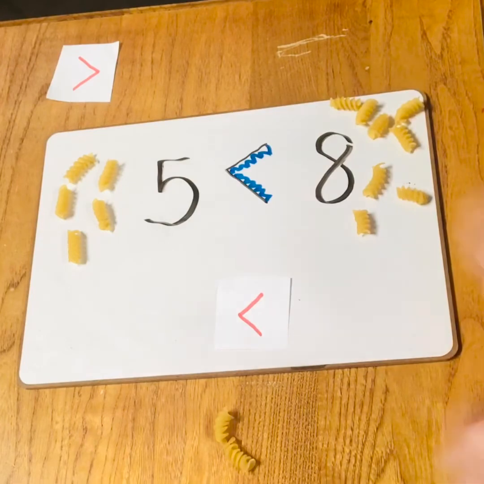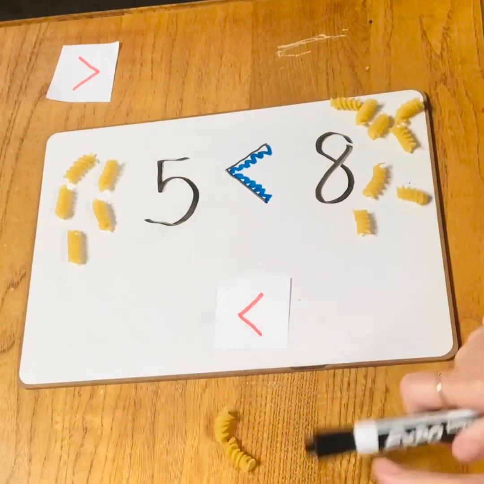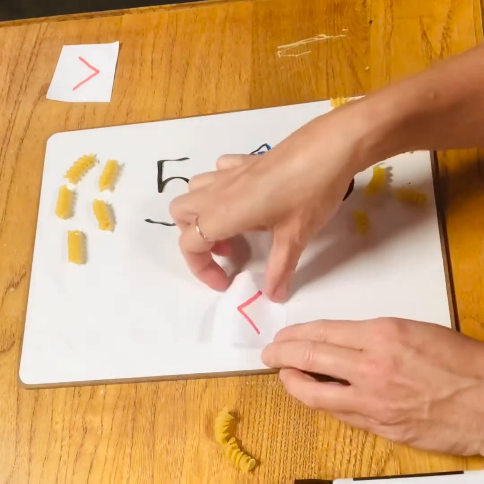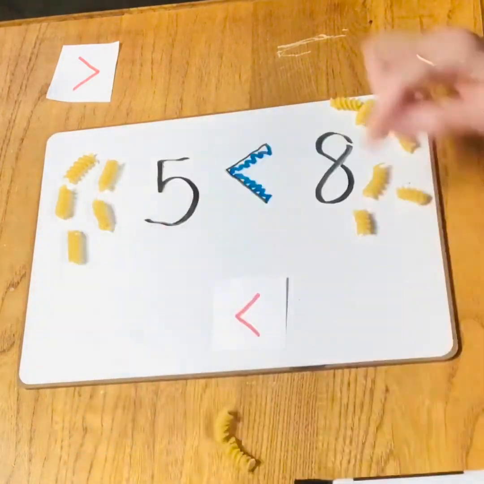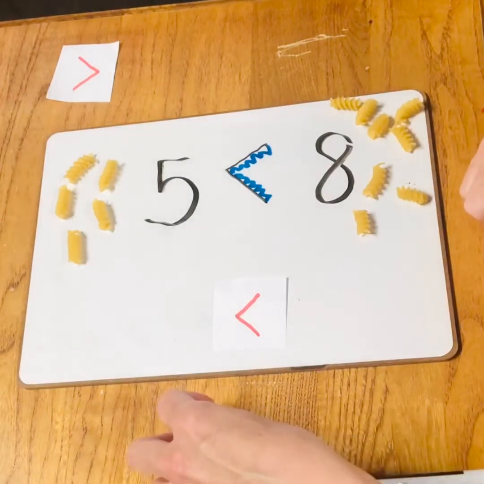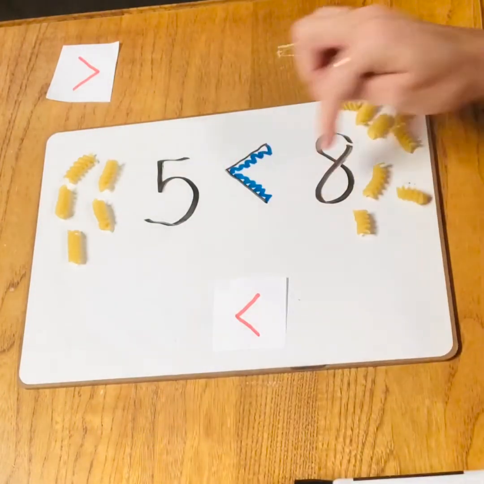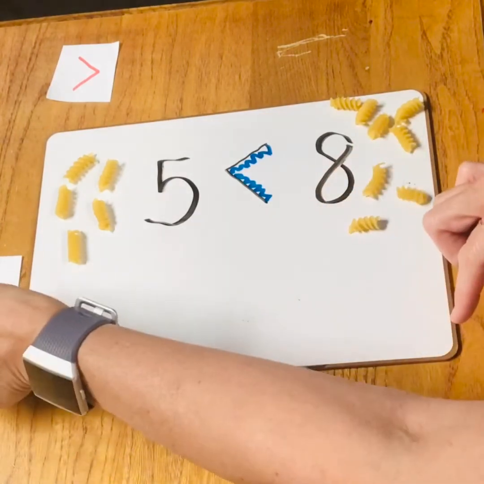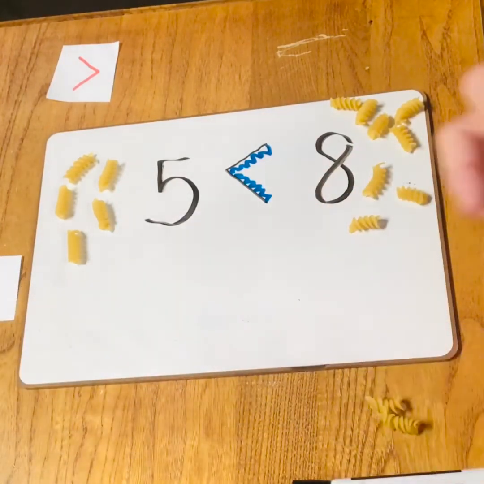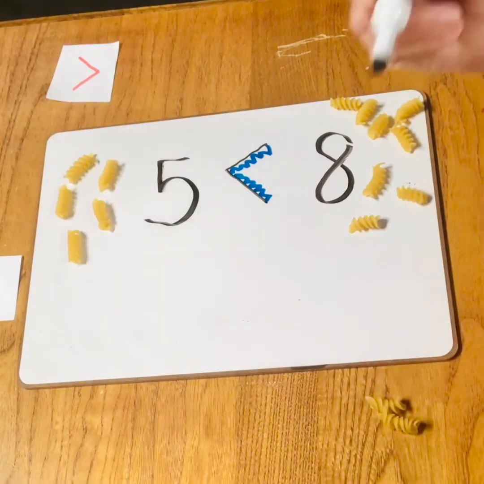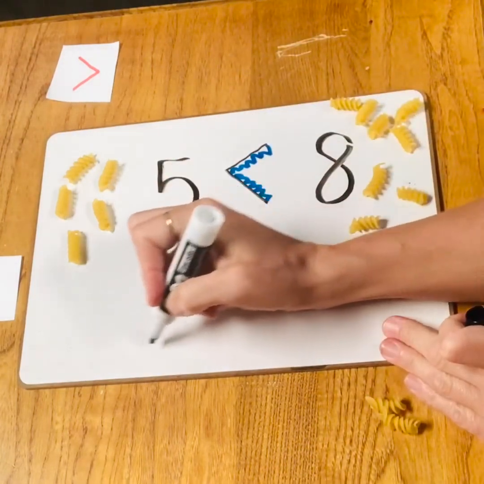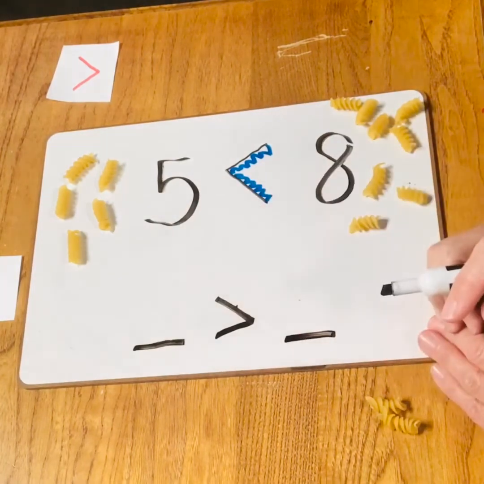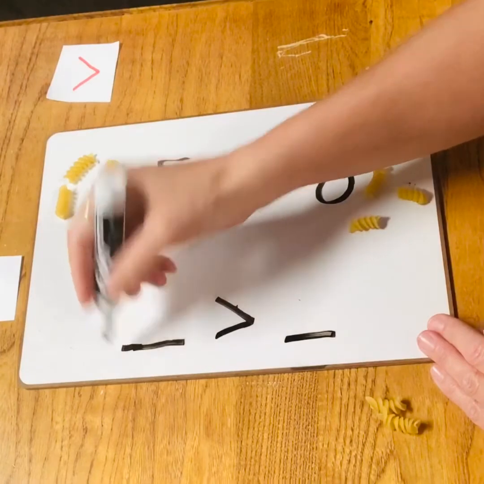You'll learn how to say these as you do more and more of these, but right now the most important thing is the symbol. You want it to go towards the larger number, okay? You want that alligator's mouth going towards the greater number, all right? And then we'll learn and practice how to keep saying them. Okay, so parents, also on that work, there's something that is like this, and you have to have your child put in the number.